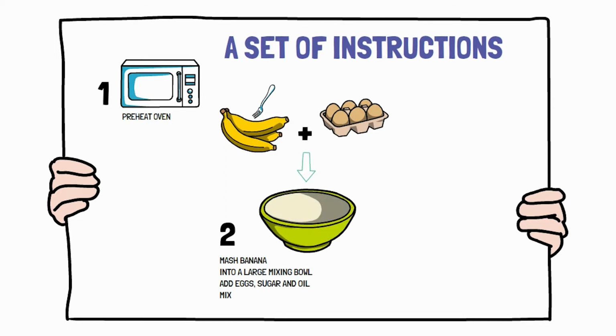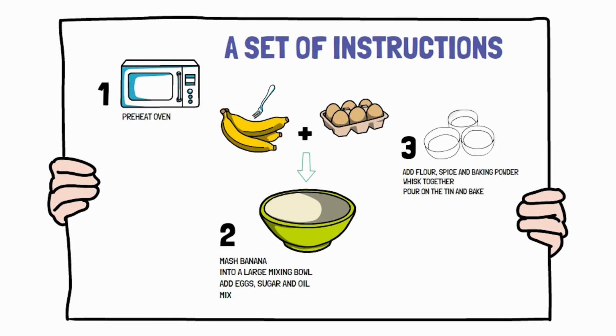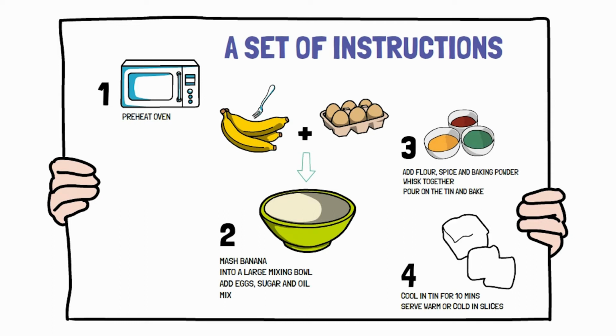And thirdly, we might be looking at adding the rest of the spices, flour, and bake them according to the recipe. So this set of instructions illustrate the way algorithmic is used. It's a step-by-step procedure that is used to solve a problem.